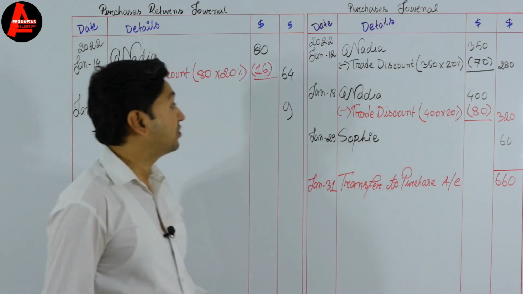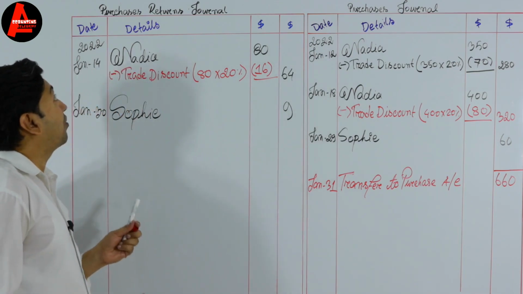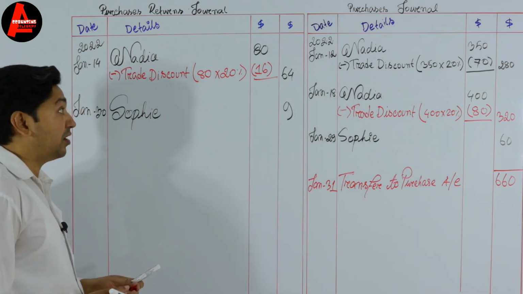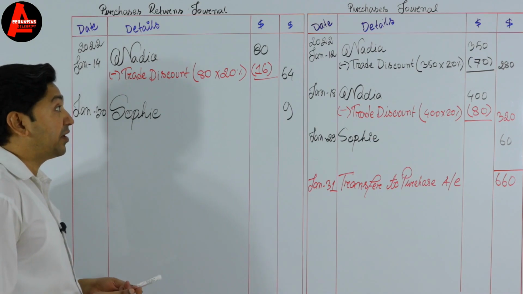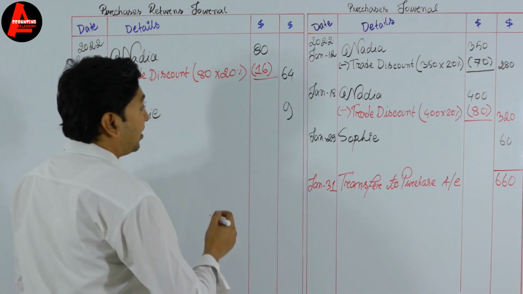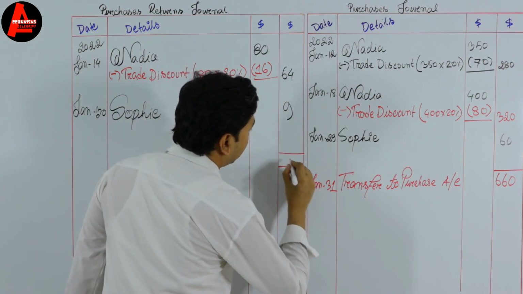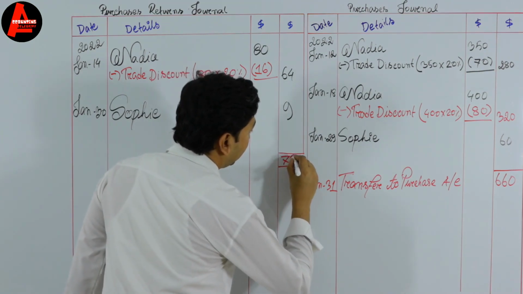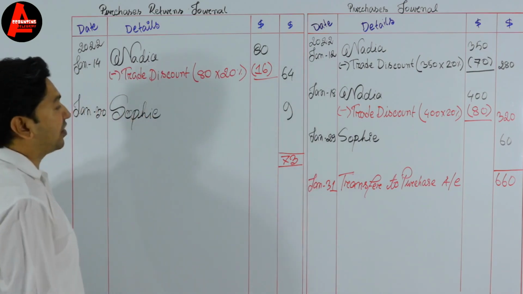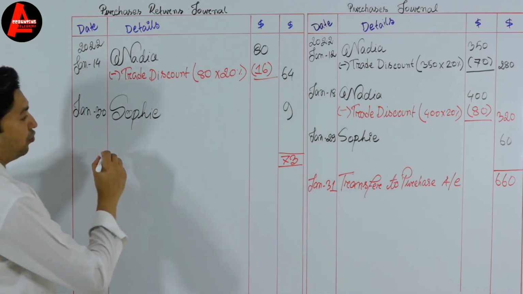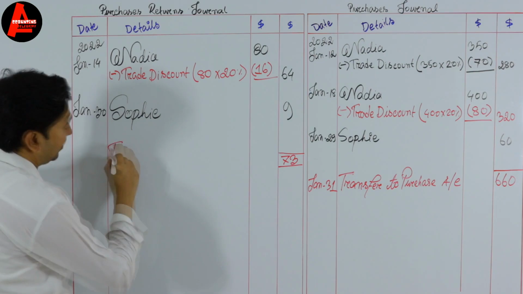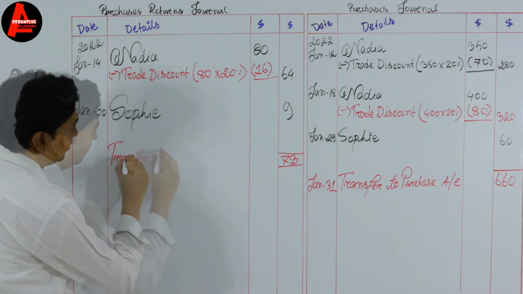Now the same thing we will do here for the purchase returns journal. If we sum up here, we get $73. So let us draw a closing line. The total is $73. What to write here? Guess what we will write?